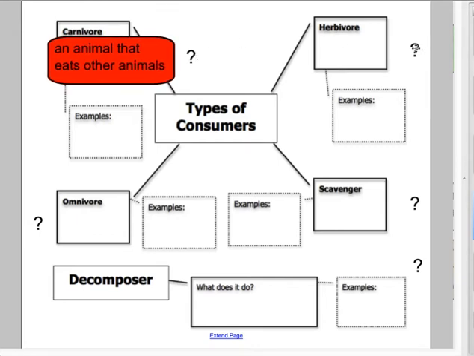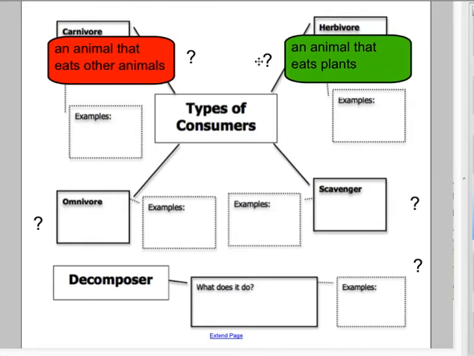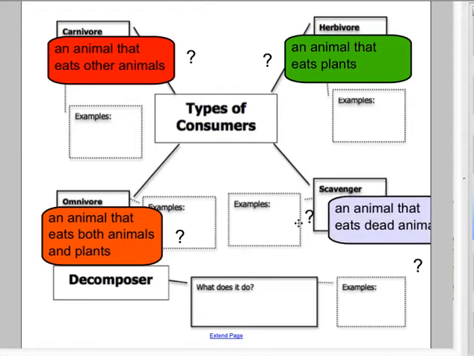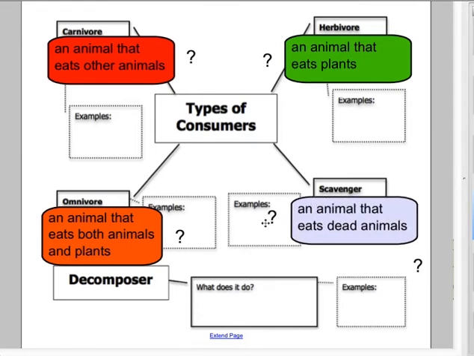An herbivore is the other end of the spectrum, an animal that eats mostly plants, okay? An omnivore eats both. Pause however often you need to write down the definitions. A scavenger is an animal that eats dead animals.